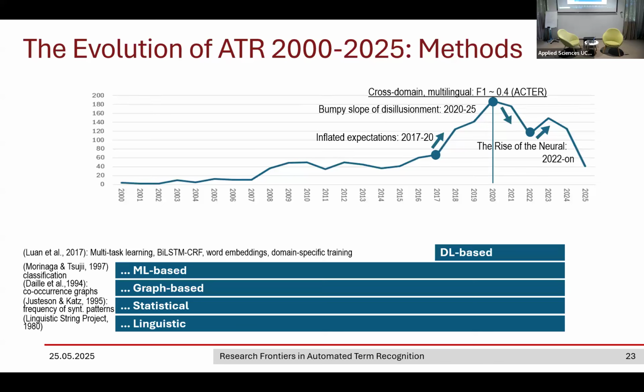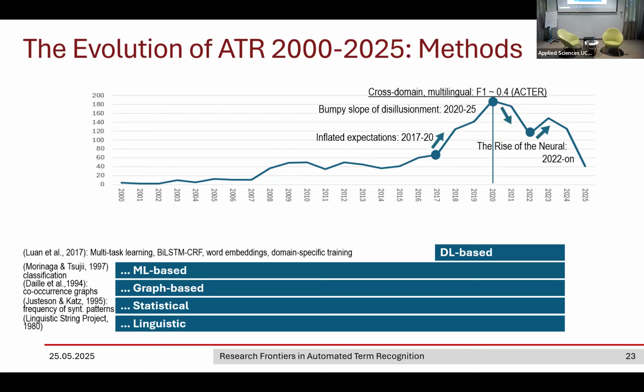Then there was the rise of deep learning-based methods, which were using multitask learning, word embeddings, and those methods were trained on domain-specific corpora.